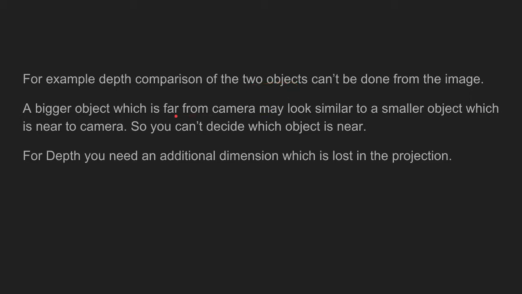So a bigger object which is far from the camera may look similar to a smaller object which is near to the camera. So you can't decide which object is near. You don't know anything about the depth. For depth, you need an additional dimension which is lost in the projection. So the only way to get the information about depth is to get that attribute in an image.